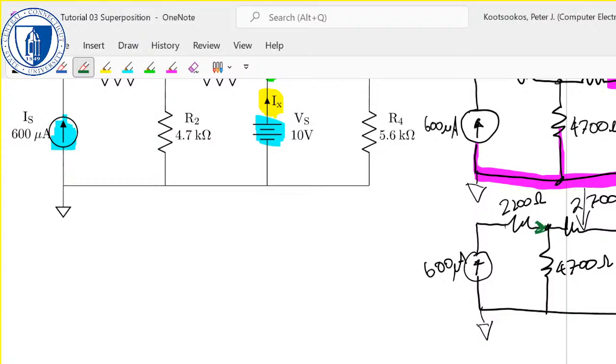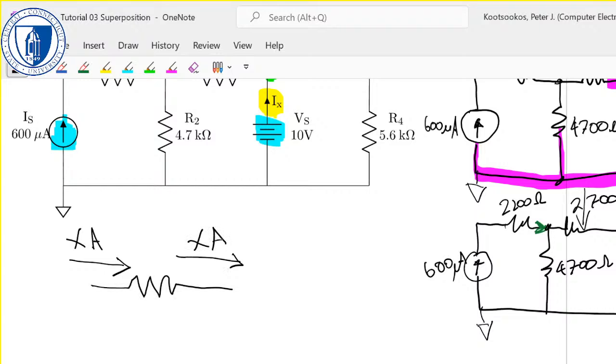What goes in must come out. That's something that you really should take to heart: if you have a device and it has X amps flowing in that side and there's no other connections, it has to have X amps flowing out the other side.